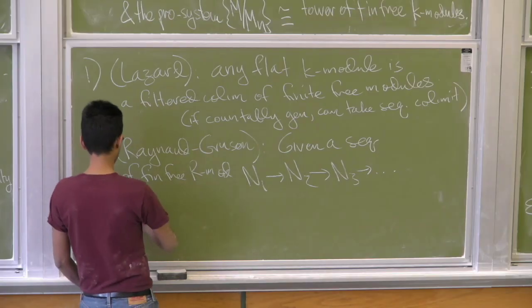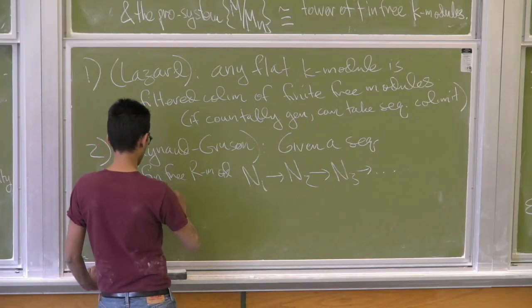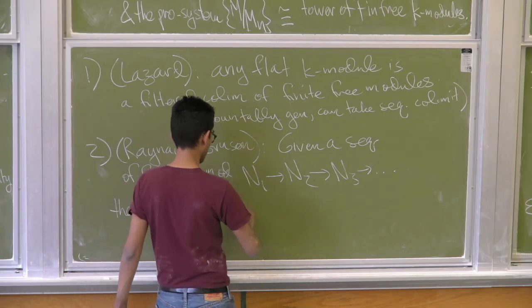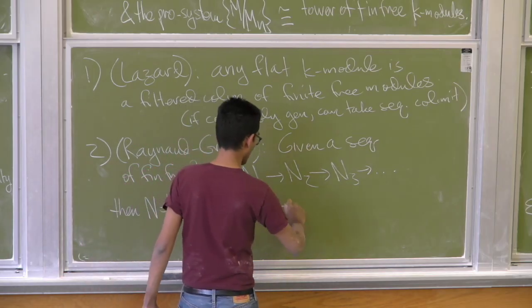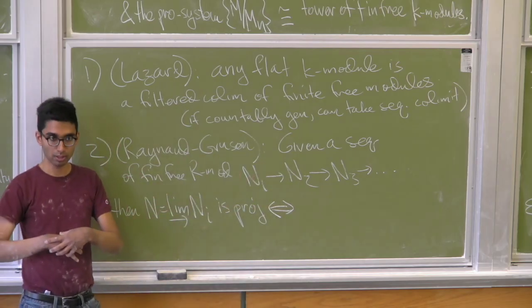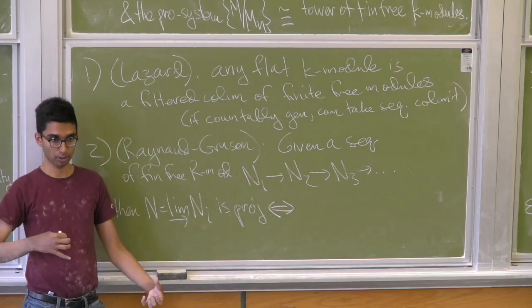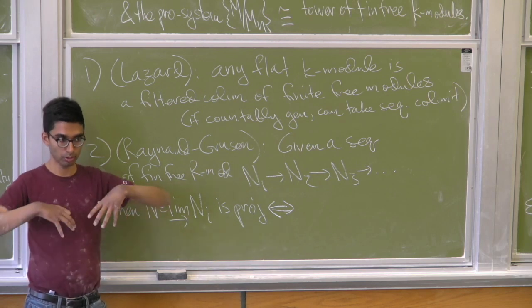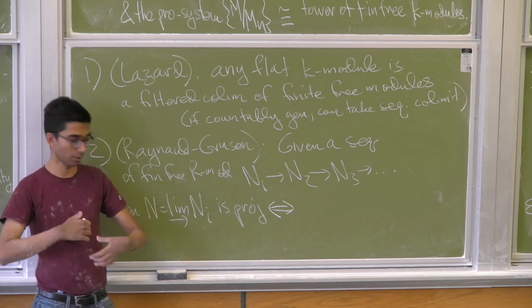And then the statement is that the colimit N, the colimit of the M sub i's, is projective if and only if, when you dualize and you form the pro system of their duals, that satisfies the Mittag-Leffler condition, which is the same as saying it's pro equivalent to something which comes from a complete topological module.